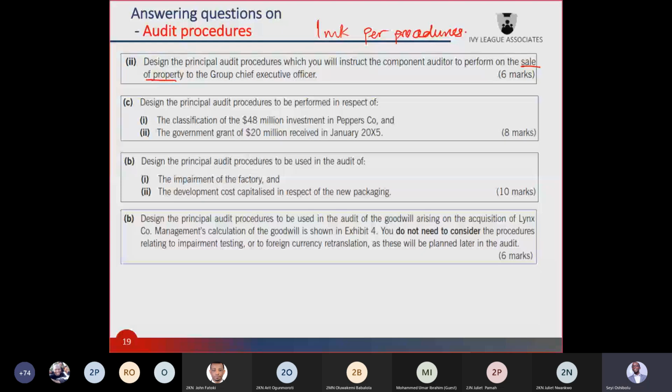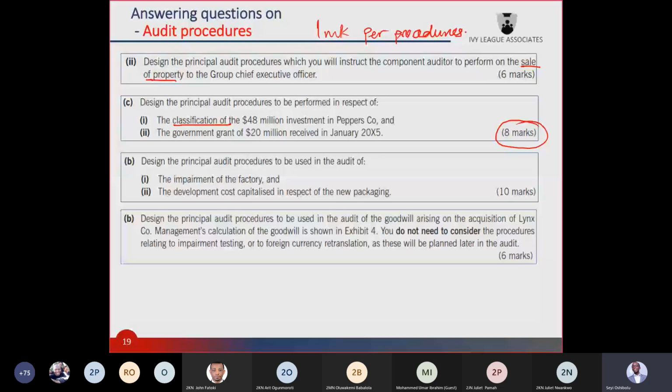Number 2, take note of the difference between C1 and C2. In C1, there is a restriction on the assertions they want you to audit. Specifically, the examiner says classification of investments, meaning I don't want you to audit measurements.